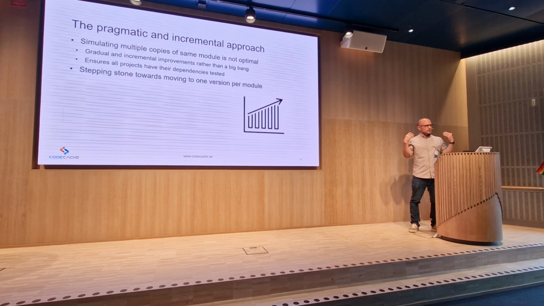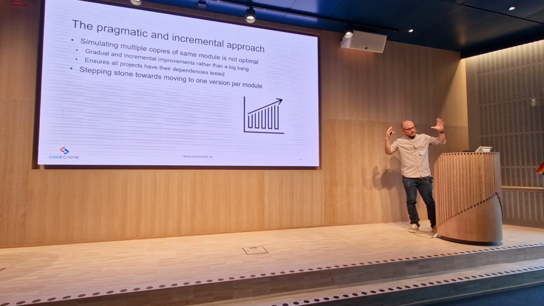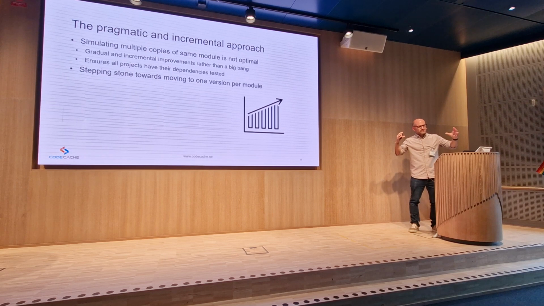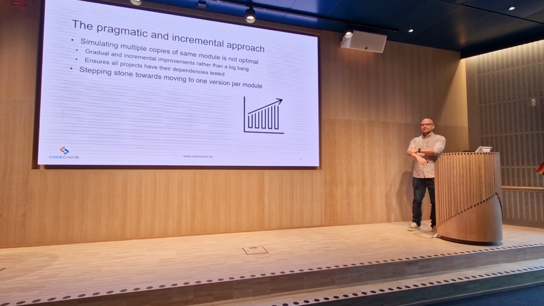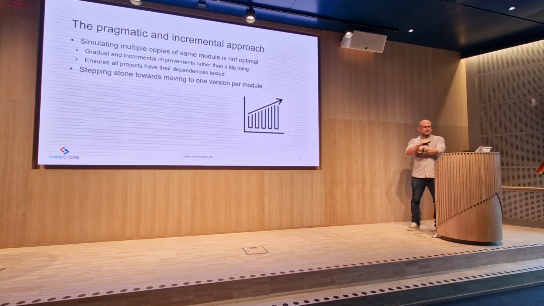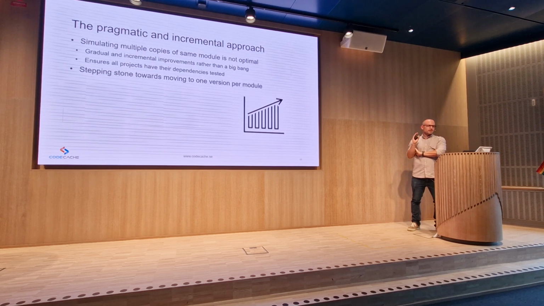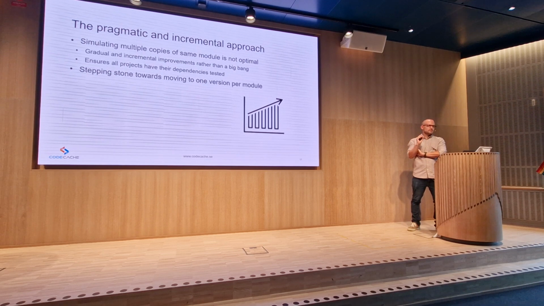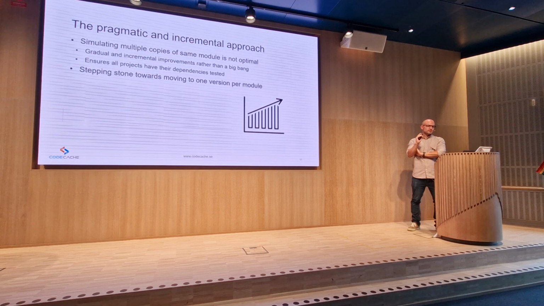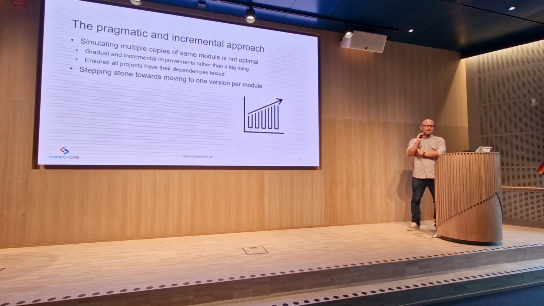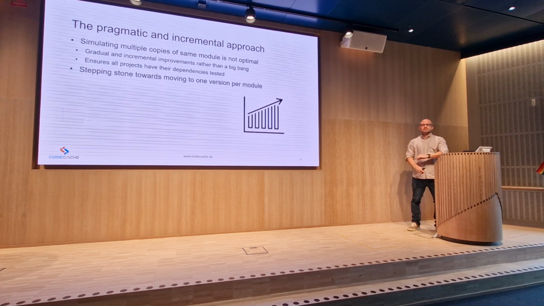Instead of having the Big Bang approach, where everything must be perfect from the start. No, that's not how we work. So we do this as a stepping stone towards moving to one module version, so we can have one main line of each module.